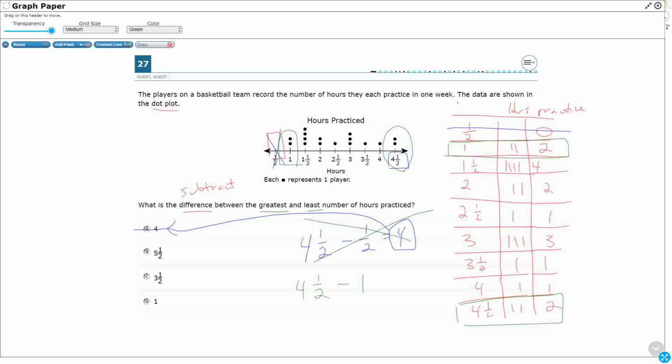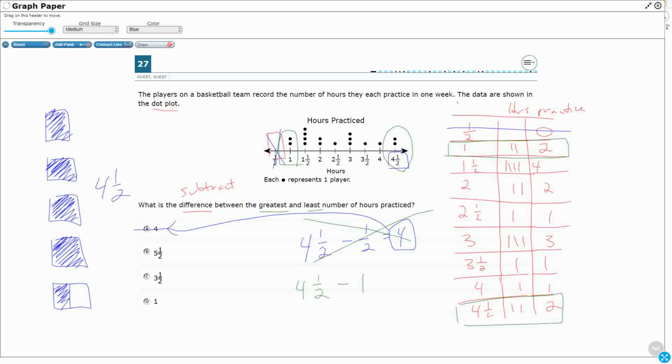Now, we are subtracting mixed numbers here. If we need to, right, we can draw something. So I'm going to draw my 4.5 right here. I'm going to completely shade these in. That's 1, that's 2, that's 3, that's 4, and then I've got half. So there's my 4.5.